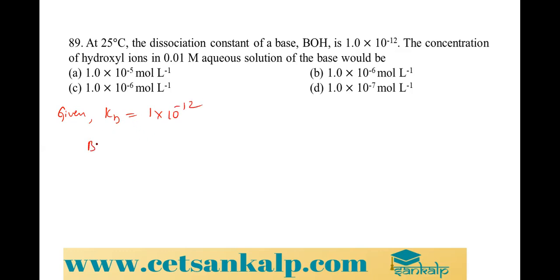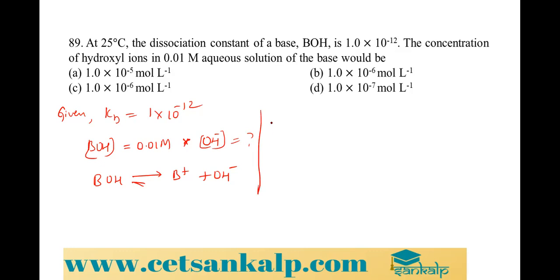So here this is going to be BOH, that is equal to 0.01 molar. Right. So OH minus ion concentration ಅಷ್ಟೇ, ಏನು ಅಂತ ಗೊತ್ತಿಲ್ಲ. ಸೊ ಹಾಗಾದ್ರೆ ಕೊಟ್ಟಿರೋ ಬೇಸ್ ಅನ್ನ ತಗೋಣ.